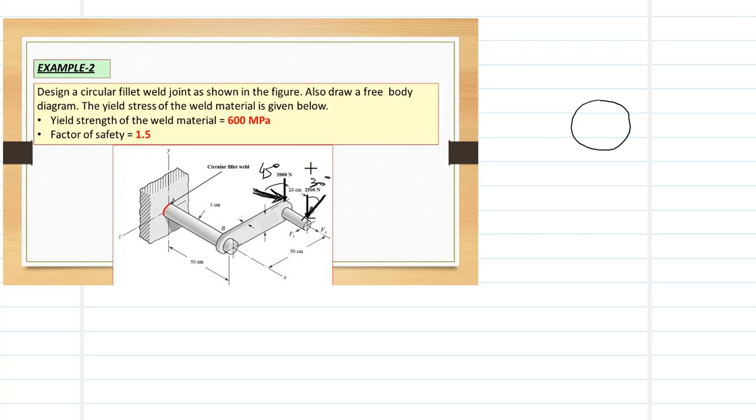This P1 can be resolved into two components, one is this and one is this. If P1 is 2000 and this angle is 45 degrees, this component is P1 sine 45 degrees, and this component is P1.